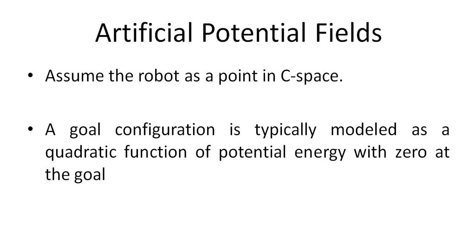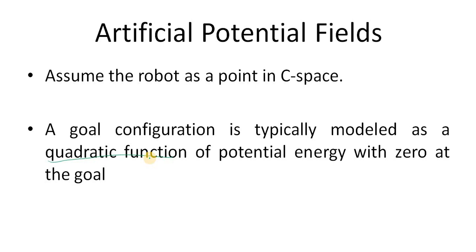A goal configuration is typically modeled as a quadratic function of potential energy with 0 at the goal. So now we want to make a function that represents the virtual potential field, okay? And in most cases, the easiest way to do it is using a quadratic function.